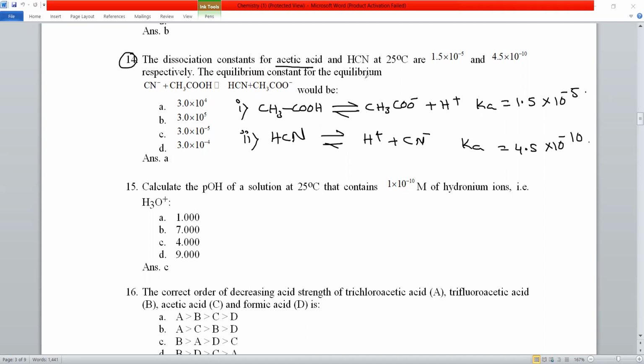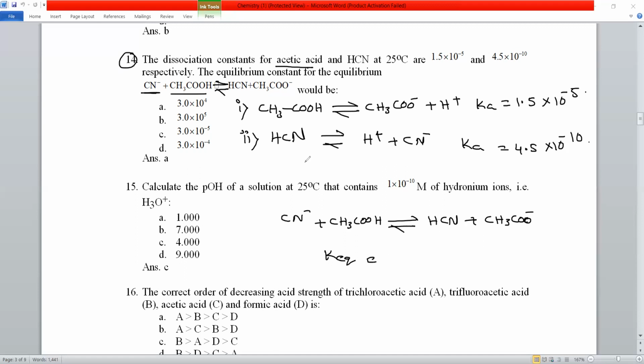The equilibrium constant for this reaction, CN- reacting with acetic acid in equilibrium with HCN and acetate. If you write that reaction, CN- plus acetic acid in equilibrium with HCN plus acetate. This is the equilibrium constant they're asking for here.